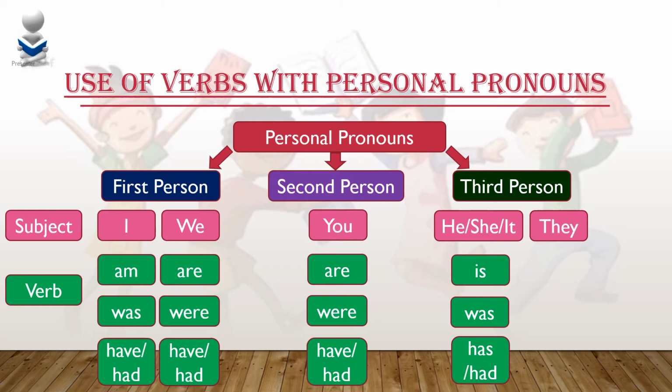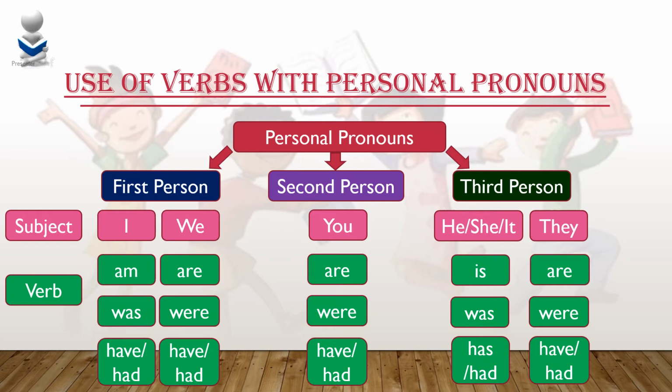This is the key to it. Always remember, singular subject, singular verb. Plural subject, plural verb. Now since your subject over here is they, which is plural, we are going to use plural verbs with it. What are the plural verbs here? Are: they are, they were, they have, they had.